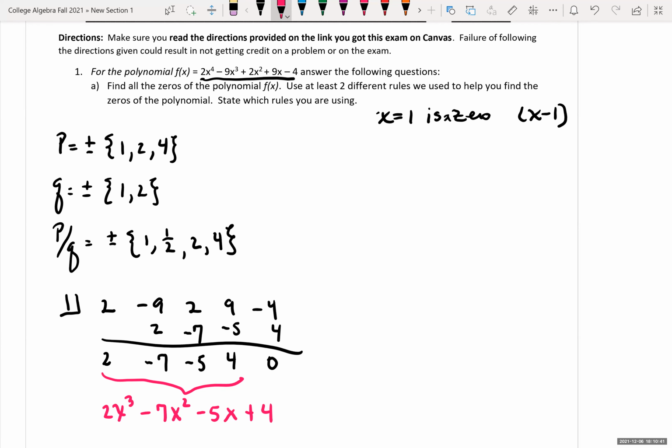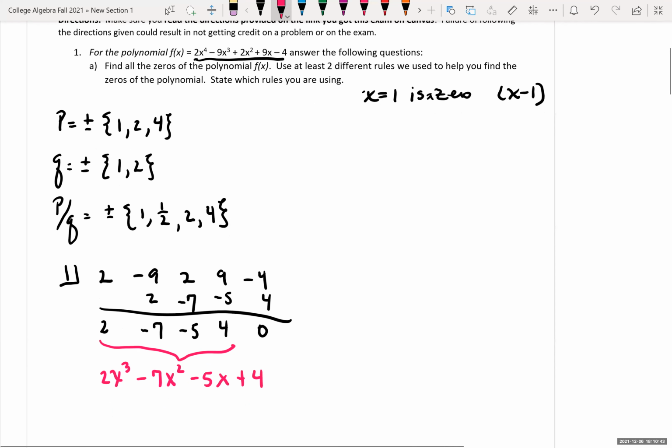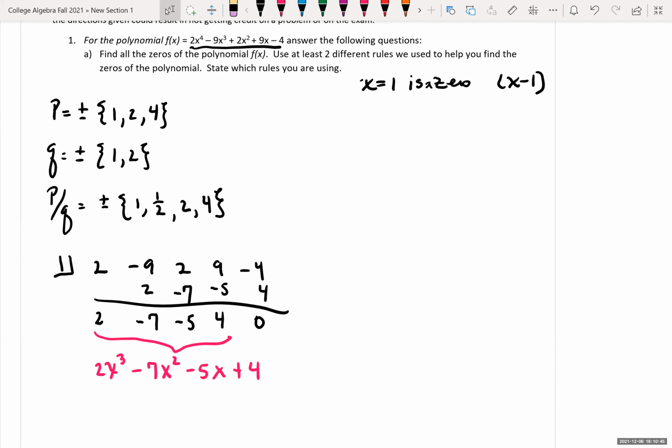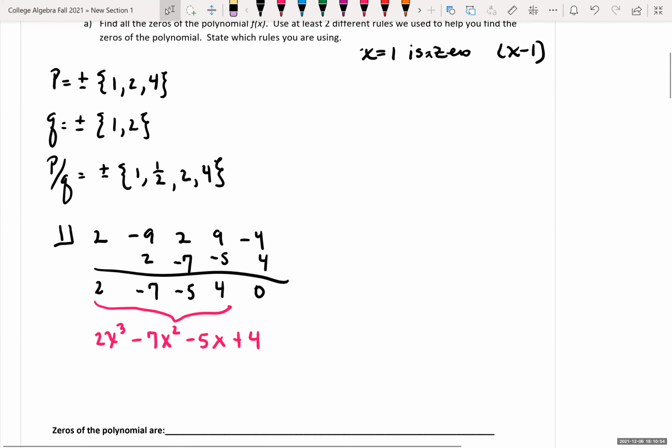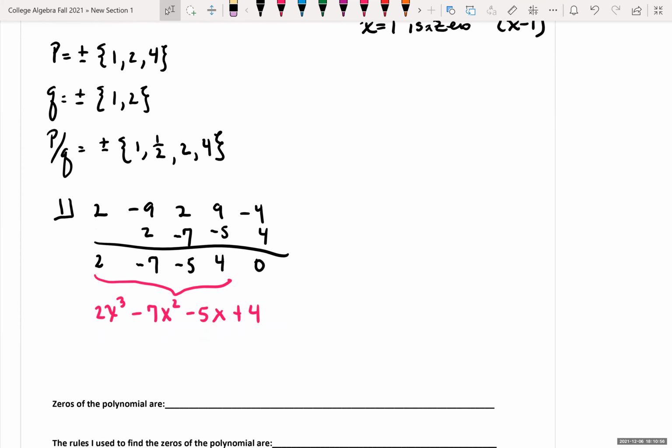And so let's look at zeros of this, because zeros of this polynomial will also be zeros of f of x. And so let's write our coefficients down and test more values. So coefficients of this is 2, -7, -5, and 4.